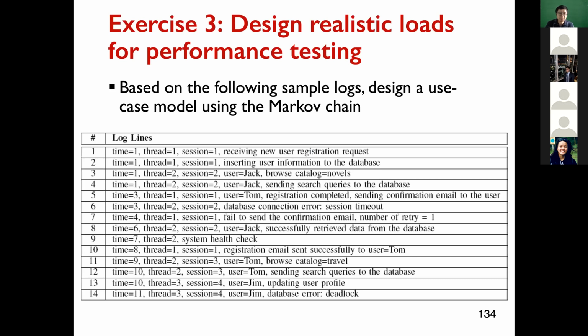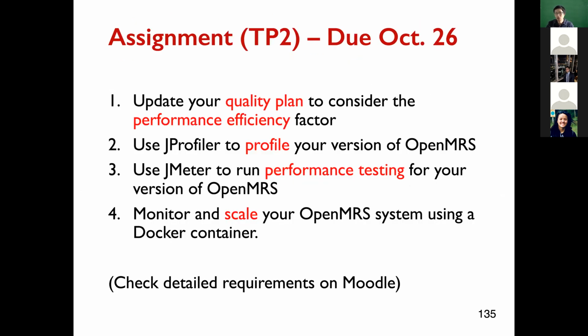Okay. So besides these exercises, we also have assignment TP2 available. Okay, it's due on October 26th. Basically, in this assignment, I want you to add performance efficiency into your quality assurance plan.